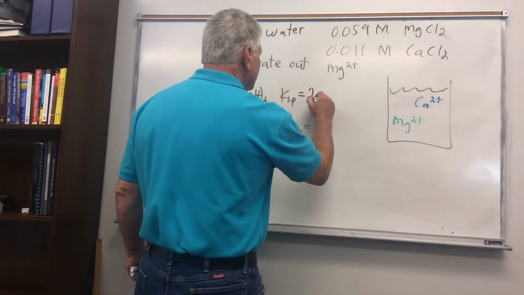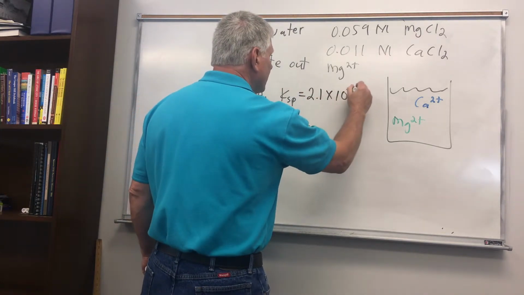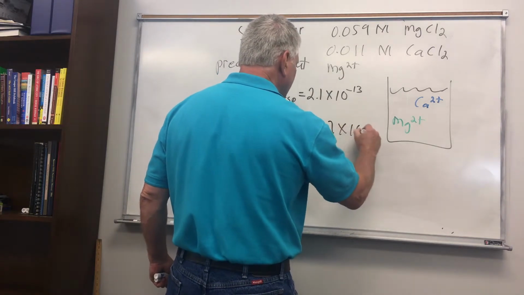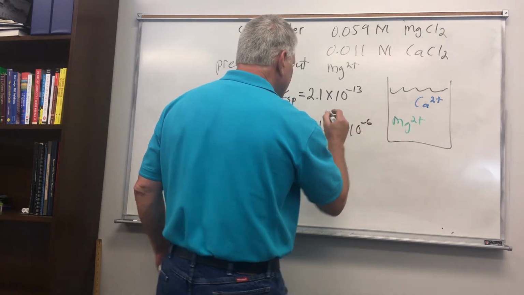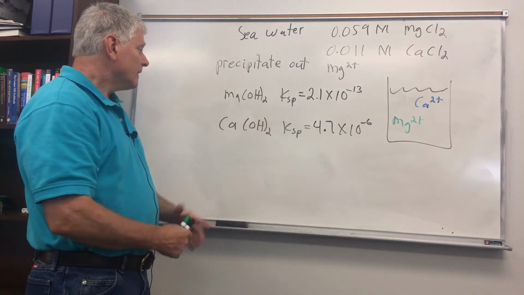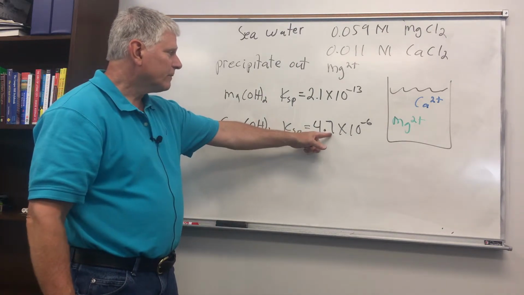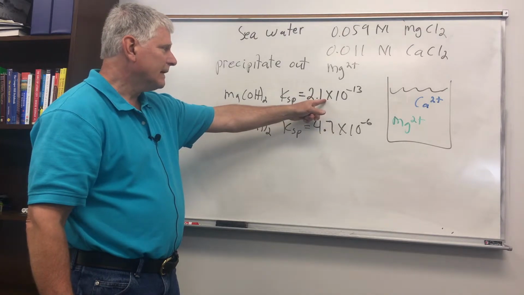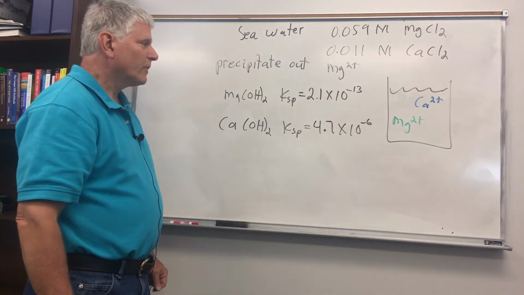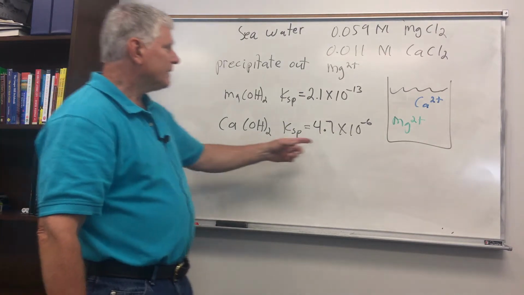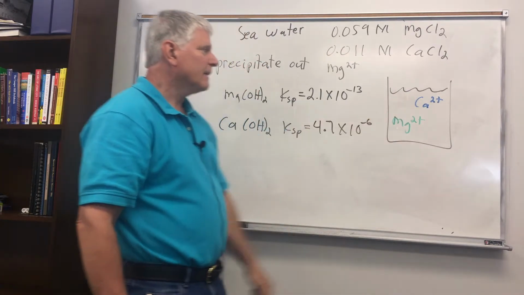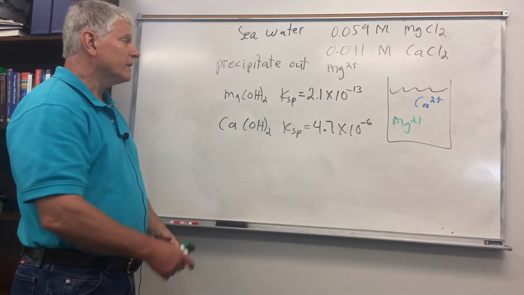So magnesium is 2.1 times 10 to the minus 13th, and calcium is 4.7 times 10 to the minus 6th. So now you can see the disparity in the equilibrium constants. So calcium hydroxide is much more soluble than magnesium hydroxide because the equilibrium constant is so much greater. Therefore, we can start to precipitate out magnesium hydroxide, leaving the calcium in solution.